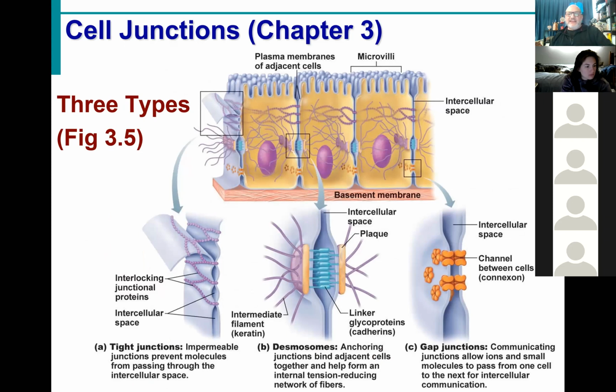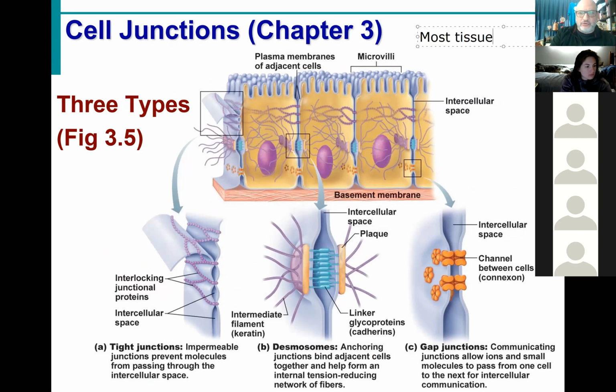And as you can see here, there are basically 3 main types of cell junctions used to hold cells together into tissues. Now, do all tissues have all 3 of these types? No. And here I think would be the best way to say this.